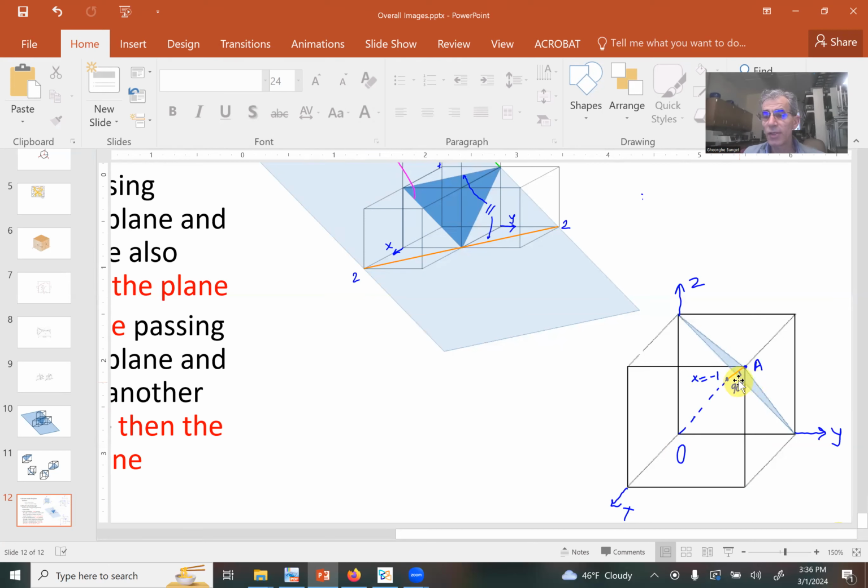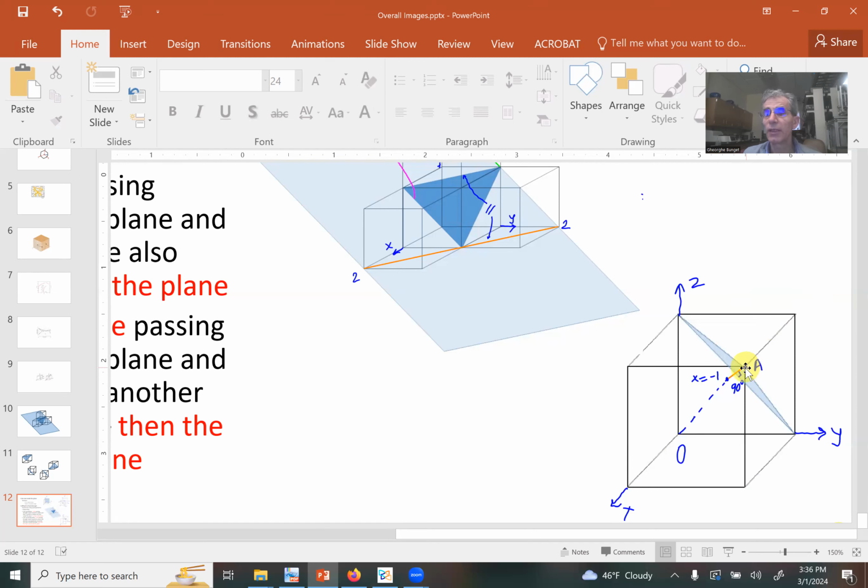As this angle is 90 degrees, I am confident that it goes toward minus x and will intercept x at -1. Why am I so confident? From this point, I am going toward this location in the x direction by one unit, as you see.